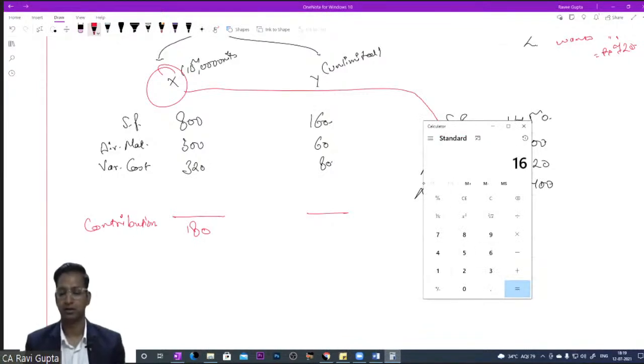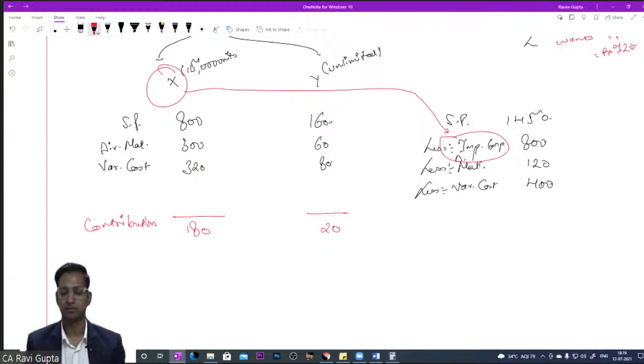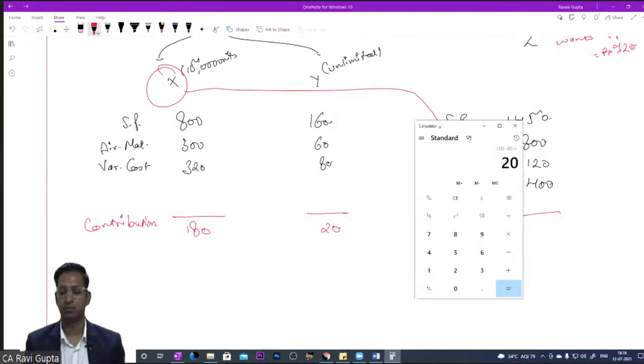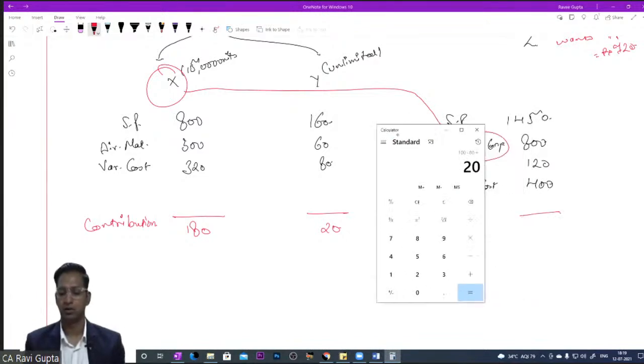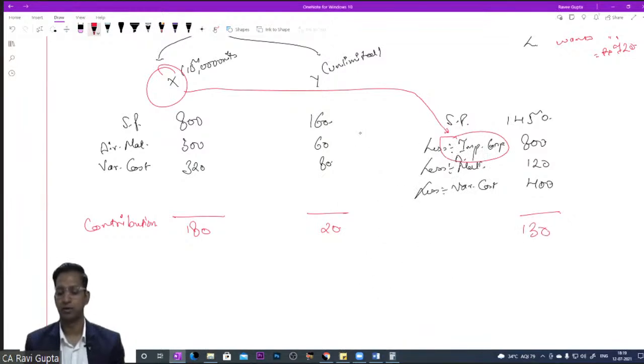Then 160 minus 60 minus 80, 20. And according to the imported component, 1450 minus 800 minus 120 minus 400, we have 130 as a profit. This is contribution.